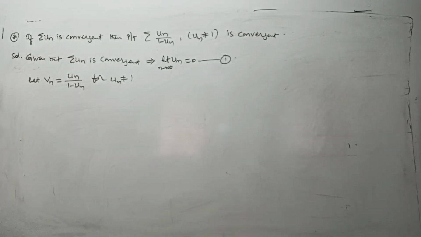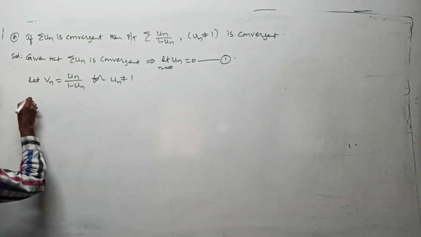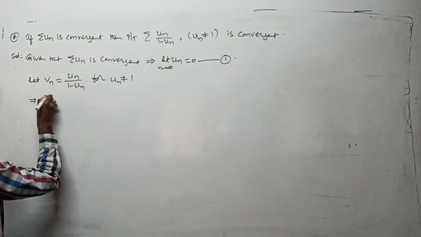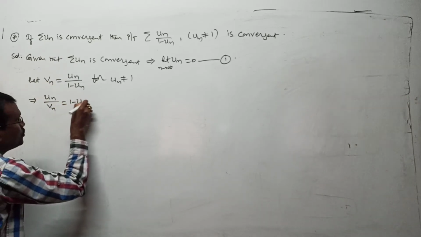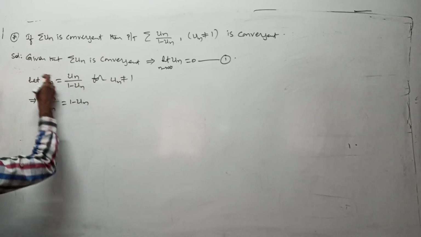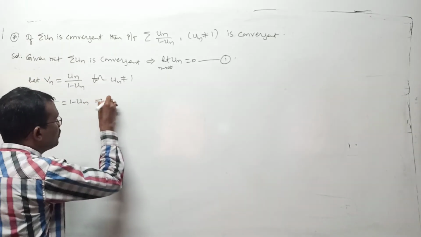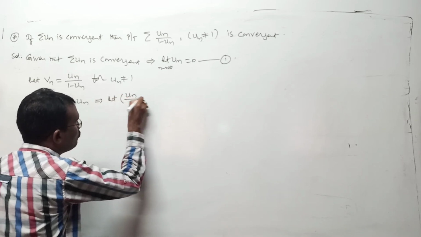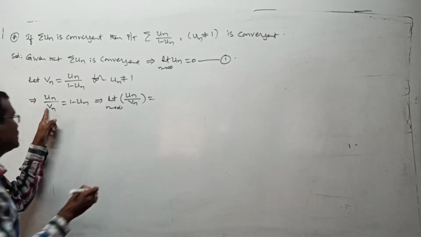Now according to this, let us define u_n by v_n. I mean, take this v_n to this side, and this one to the other side. From this, u_n by v_n is equal to 1 minus u_n. Now let us find limit u_n by v_n as n tends to infinity, meaning on both sides we take the limit as n tends to infinity.